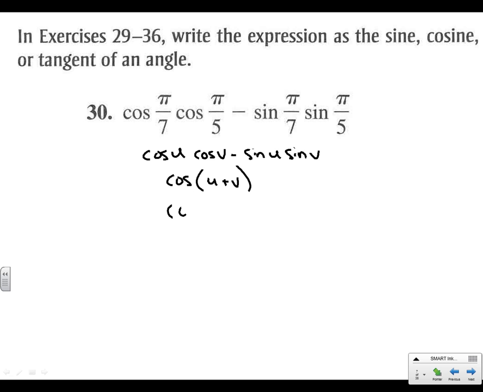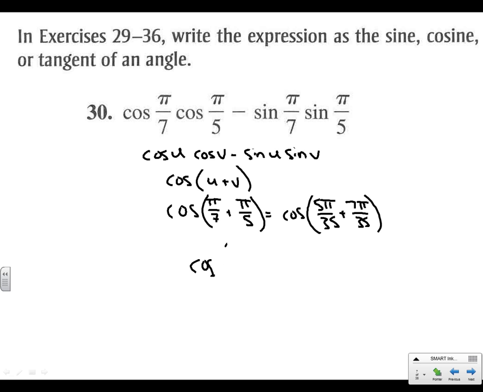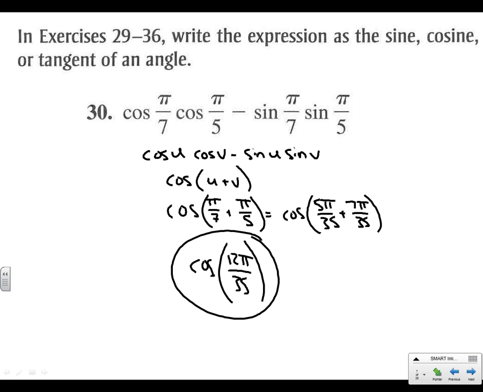So this is cos of pi over 7 plus pi over 5, which we can add. Let's get a common denominator here: cos of 5 pi over 35 plus 7 pi over 35. Final answer, cosine 12 pi over 35. And that's the final answer because 12 and 35 cannot be reduced any further.